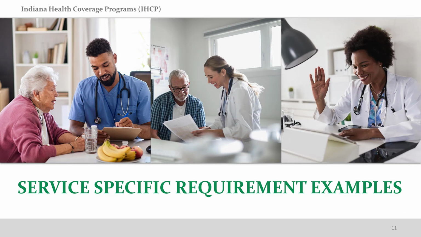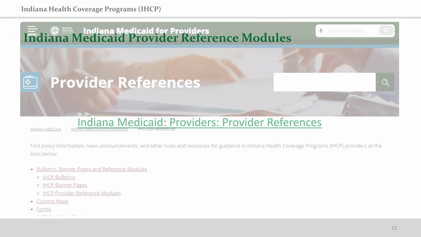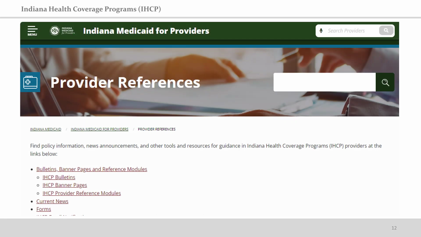Thank you, Patty. Based on the services being rendered, the documentation requirements may vary. Let's review some examples. On the Indiana Medicaid IHCP website, under the Provider Reference tab, there are resources to find service and provider-specific program reference modules and bulletins.